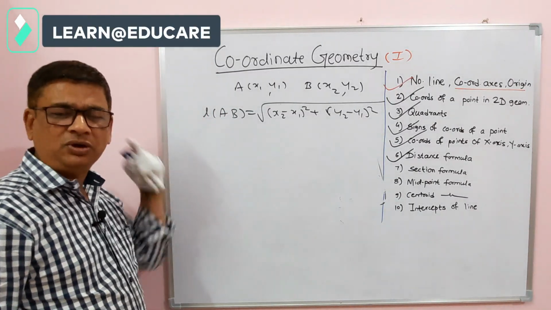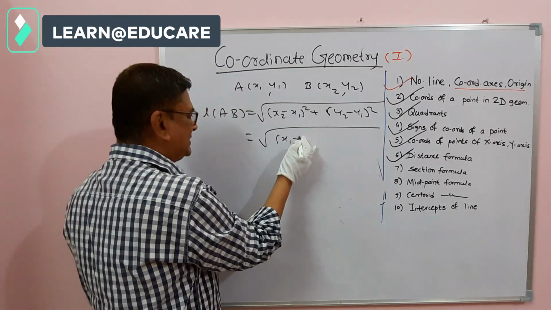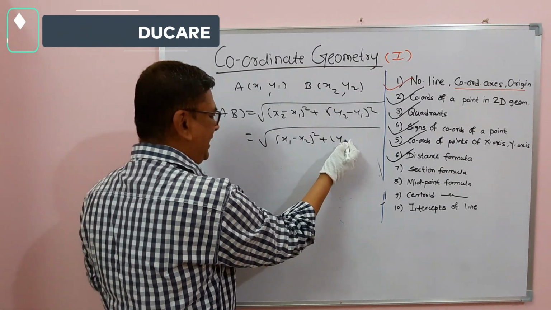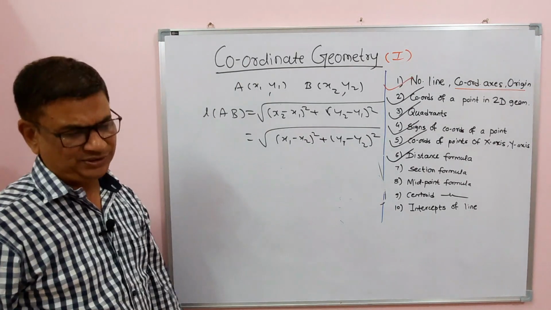You know the distance is always positive, therefore this formula is the same as the square root of (x1 minus x2) whole square plus (y1 minus y2) whole square.